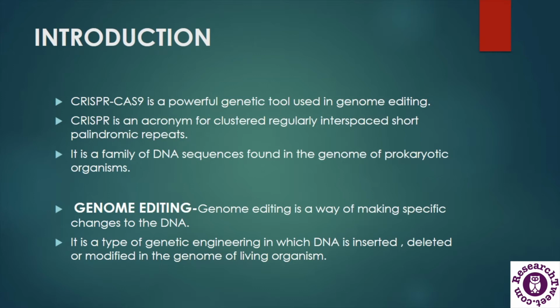In these organisms they help in prevention of infection, and they are derived from DNA fragments of bacteriophages that have previously infected the prokaryote. We know that prokaryotes are infected by bacteriophages, which are a type of virus that engulf bacteria. So from these bacteriophages, these DNA sequences are isolated or derived and they are used as a genetic tool.